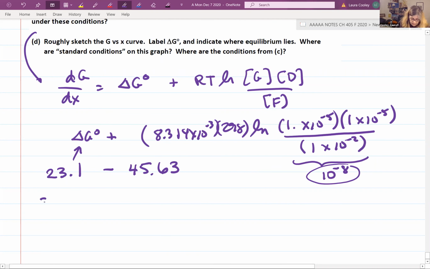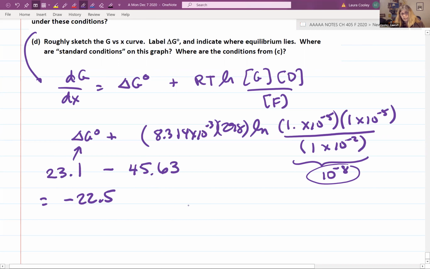When you add that together, you see that the dG dx is actually negative. So the slope is negative. So even though the delta G0 is positive, this reaction is going to go forward, okay? Because of the small concentration of reactants and the high concentration of products.